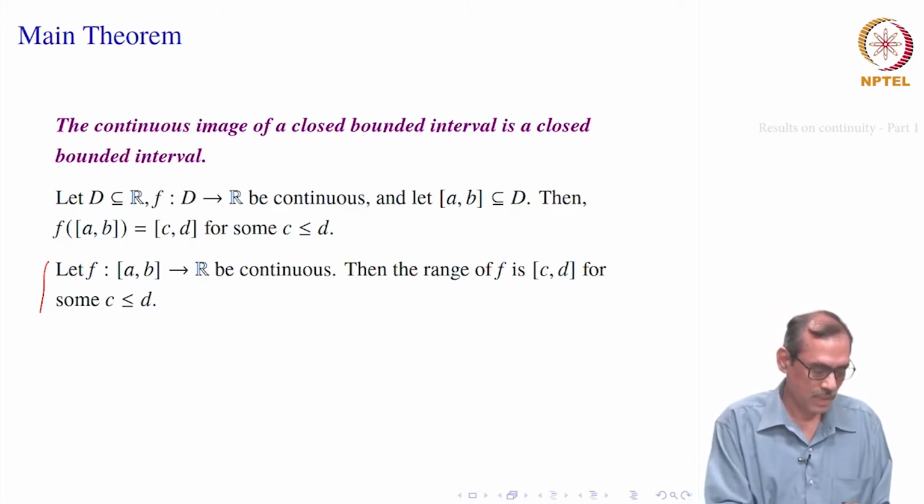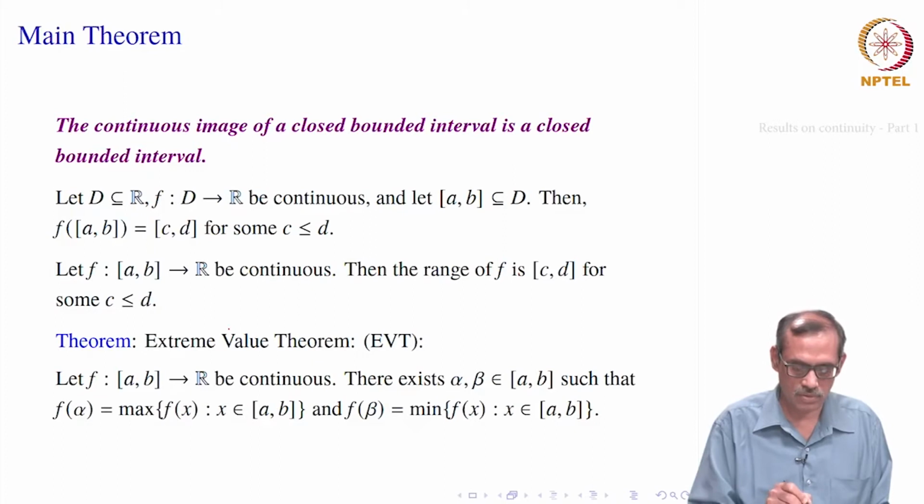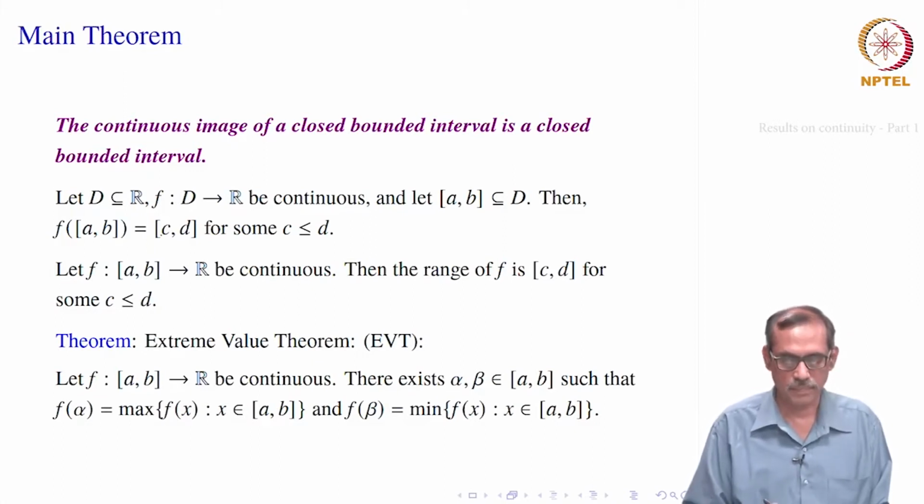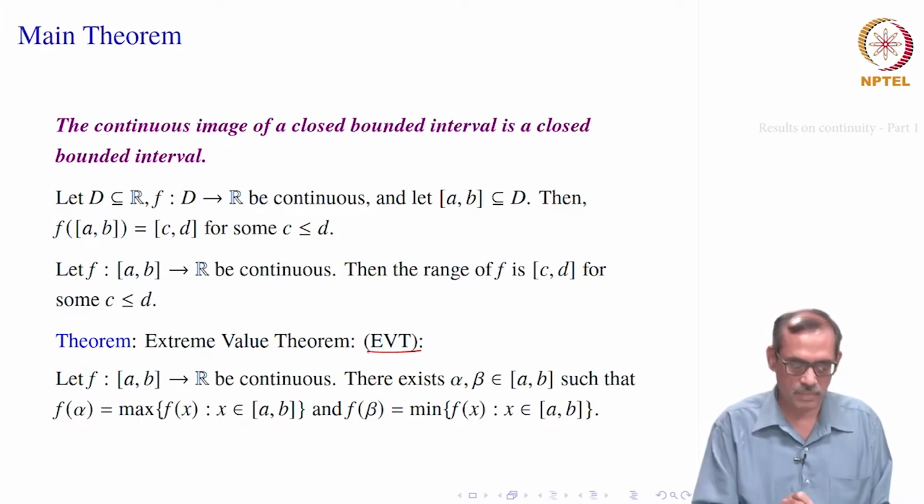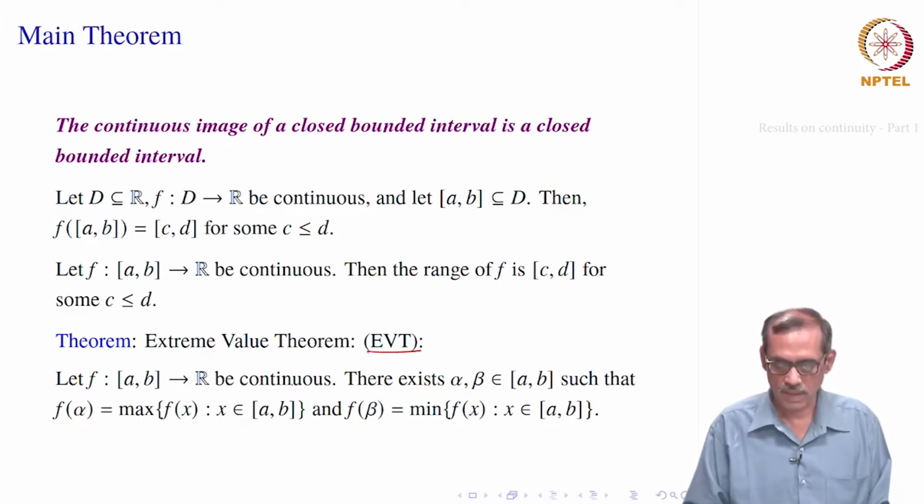Okay. So, once we understand this, we can go to the next theorem, which will follow from this exactly, which is called the extreme value theorem. Let us try to understand what it says. It says that first of all, if f from [a, b] to R is continuous, then there is a number which is the minimum of all f of x, x belonging to [a, b].